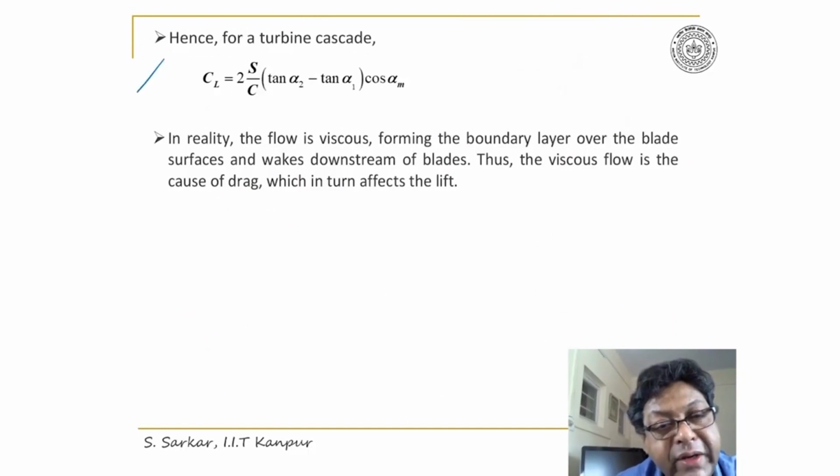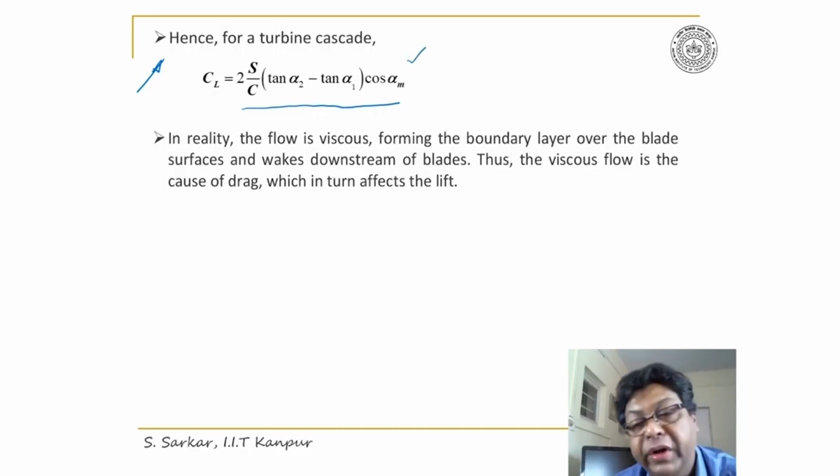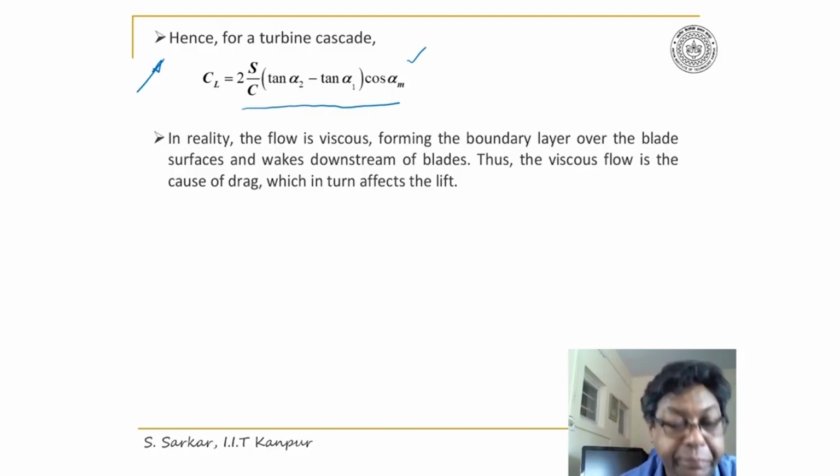Hence for a turbine cascade, the expression of lift is given by twice S by C within bracket tan alpha 2 minus tan alpha 1 into cos alpha m. Please note that the corresponding relation for a compressor cascade was twice S by C tan alpha 1 minus tan alpha 2 into cos alpha m.